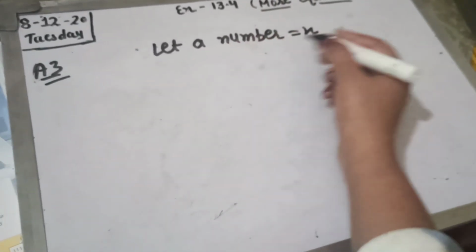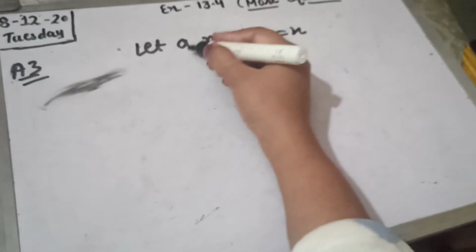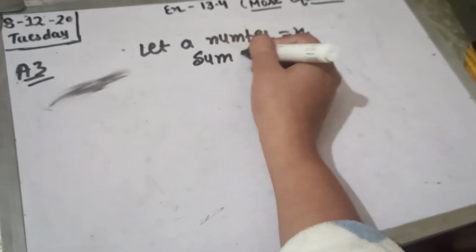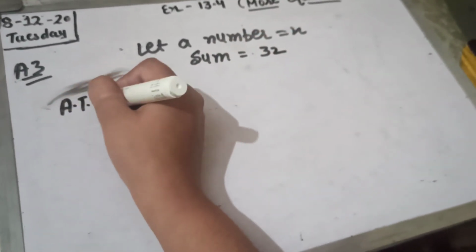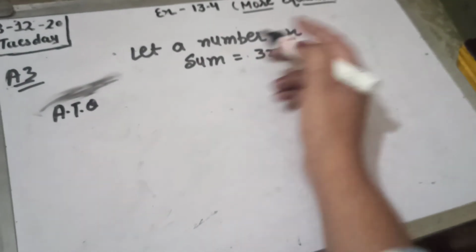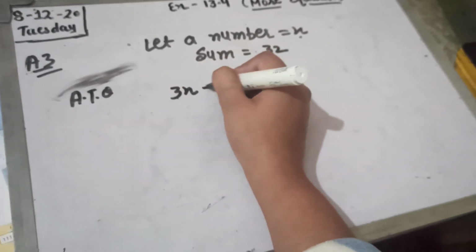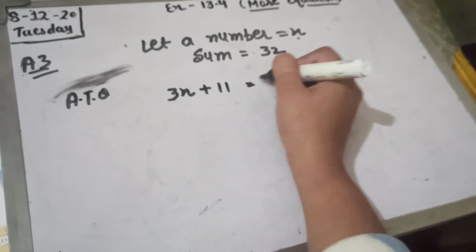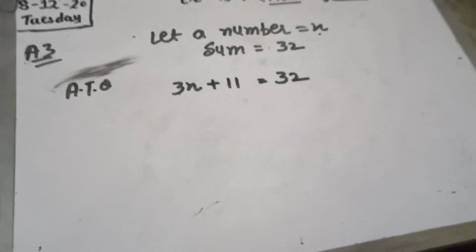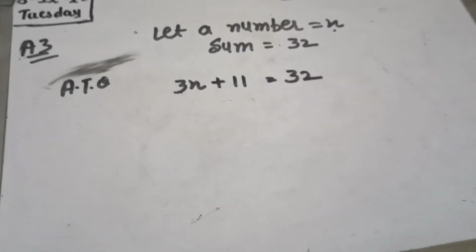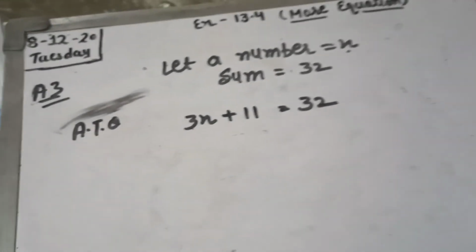So sum of 3 times a number, I will write here sum given 32. Now write according to the question, 3 times a number 3x. Sum of 3 times a number and 11 equals to 32. Now you solve and find the value of the x, and that x will be the number. Clear?